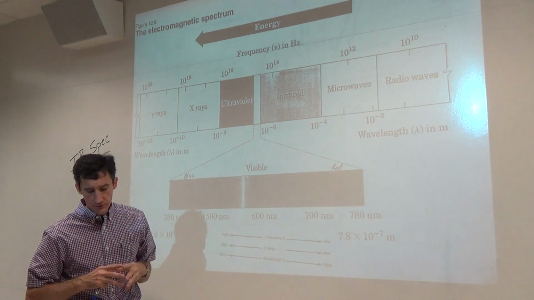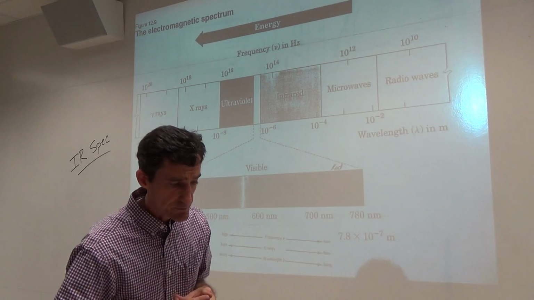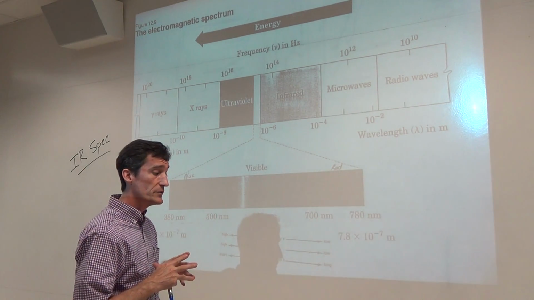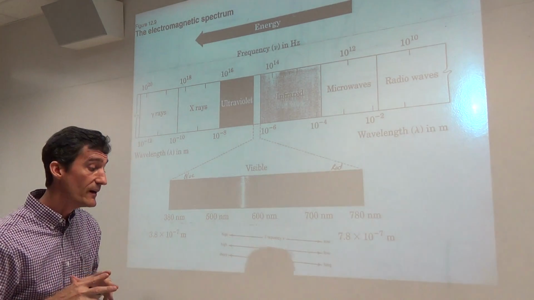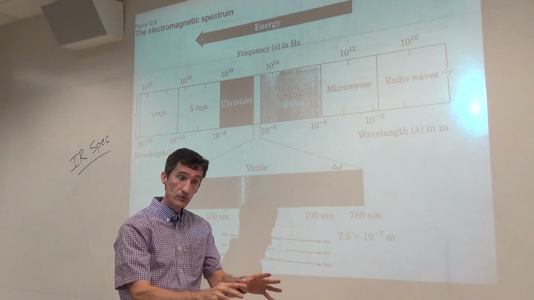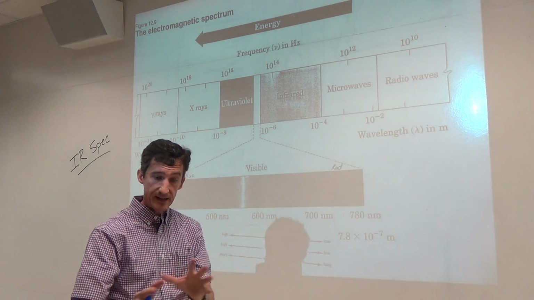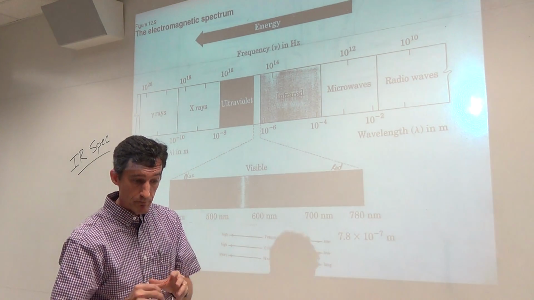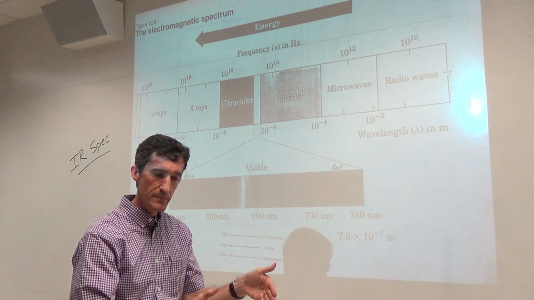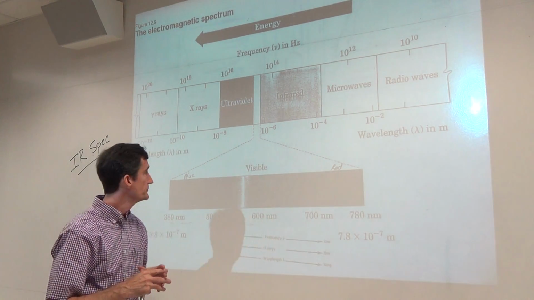X-rays, of course, we use for medical purposes. In organic chemistry, X-rays are used for X-ray crystallography. This is about the closest way we can come to seeing a compound. If we shine X-rays on a crystal, that crystal will diffract. The X-rays will cause electrons to be emitted from the molecule.